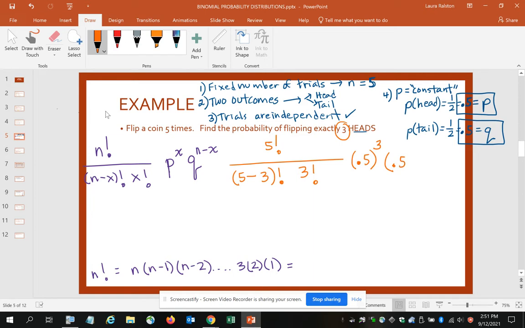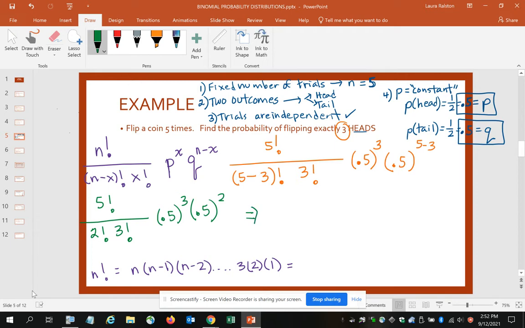Probability of failure is also 0.5 to the 5 minus 3 power. So I'm going to do a little bit of simplification first. So I have 5 factorial divided by 5 minus 3 is 2 factorial, 3 factorial times 0.5 to the third power times 0.5 to the second power.